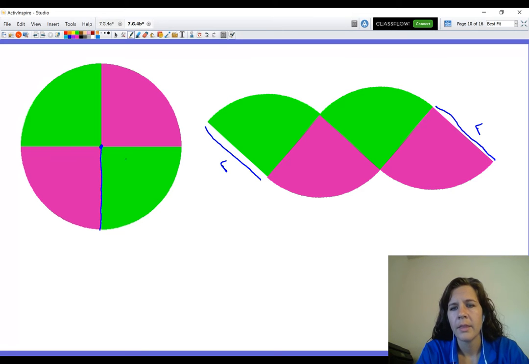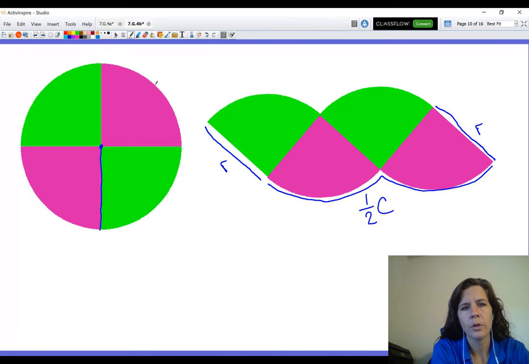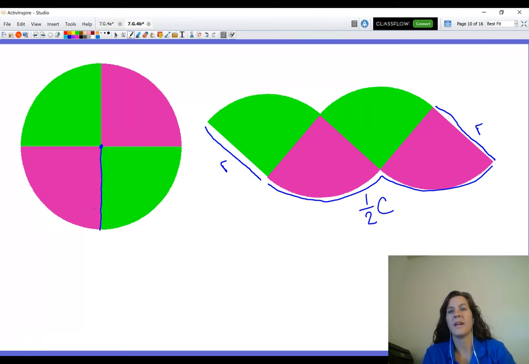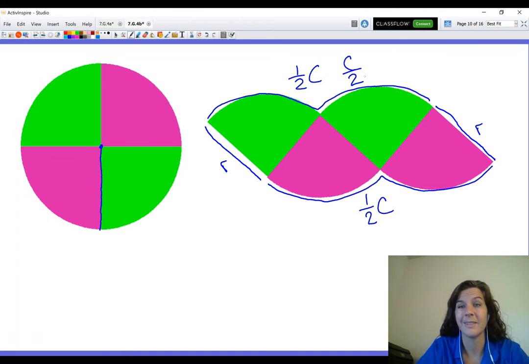This is half the circumference, right? Because I took this quarter of the circumference and this quarter of the circumference and put them together, so it's half. Same with the green. Green represents half the circumference. You could say circumference divided by 2. Same thing.